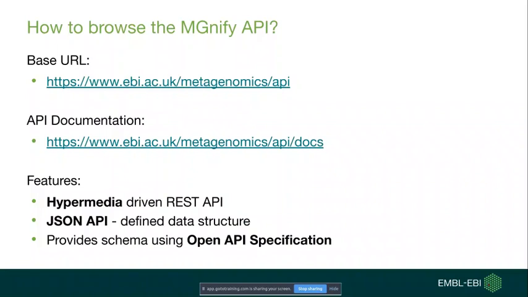For example, if you are browsing one collection, the samples collection, we provide the links to each one of the entities connected to that sample, for example the analysis of that sample or the biomes related to that sample. So you don't have to build that by yourself. This is really useful. We also follow a specification for how the data is structured.